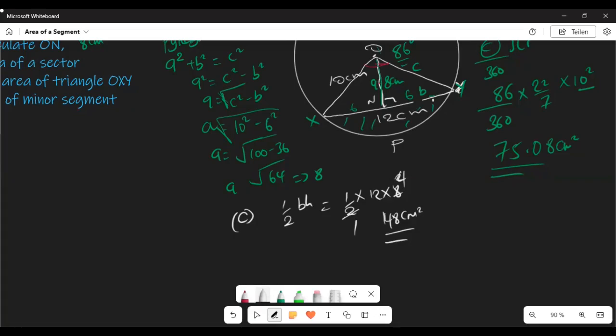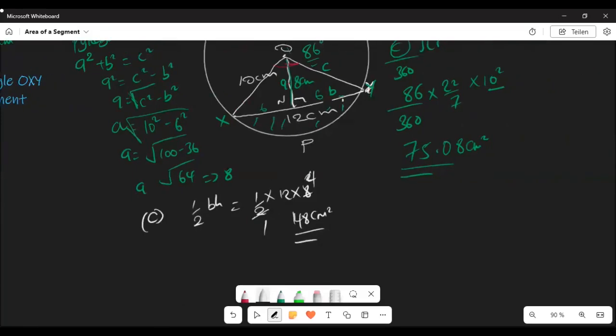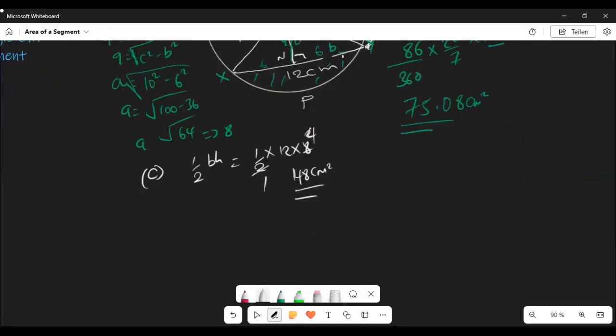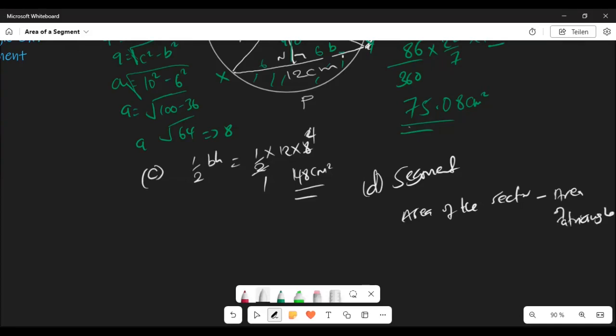Now part D is when they ask you to find the area of the segment. For you to find the area of the segment, normally you look at the area of the sector less the area of the triangle. The area of the sector is 75.08, then minus 48, which is the area of the triangle.